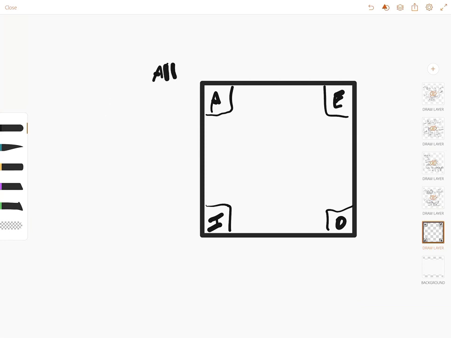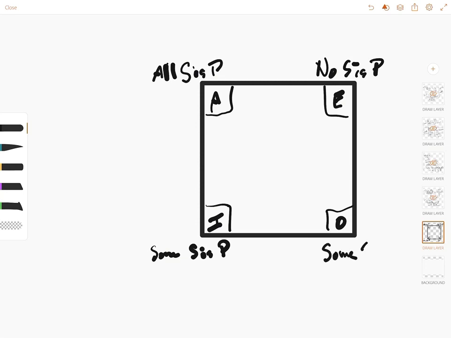So the standard form for universal affirmative is all S is P. The standard form for universal negative is no S is P. Standard form for I, or particular affirmative, is some S is P. And standard form for O is some S is not P.